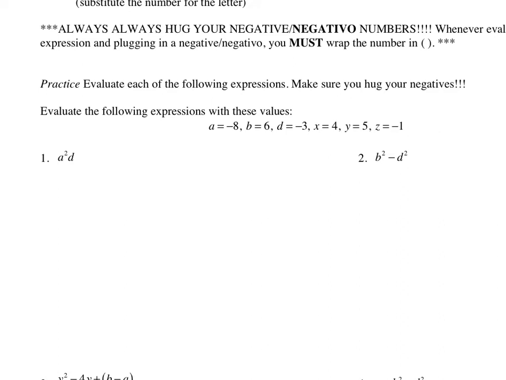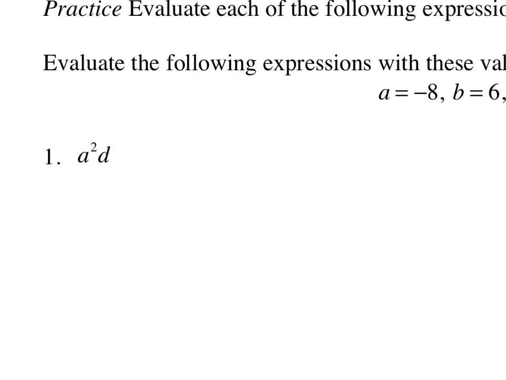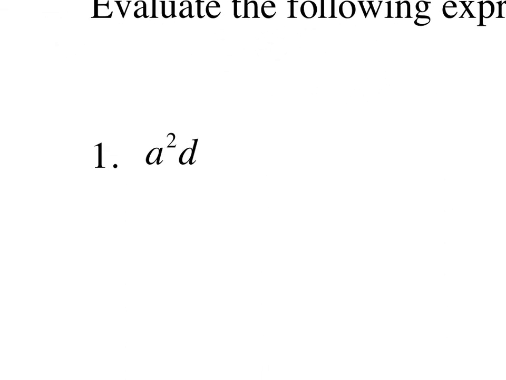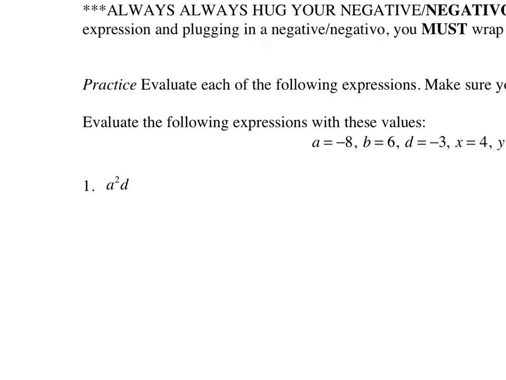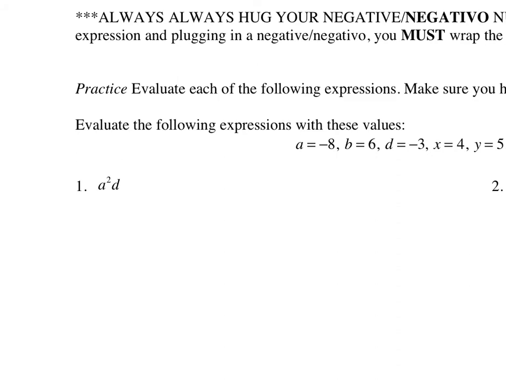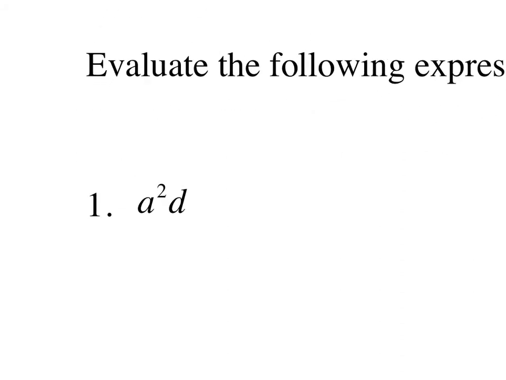So for our first example, we have A squared times D. Whenever you have variables next to each other without any operation, that means you're going to be multiplying.